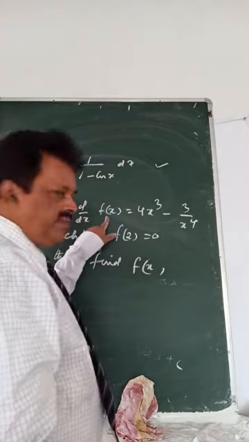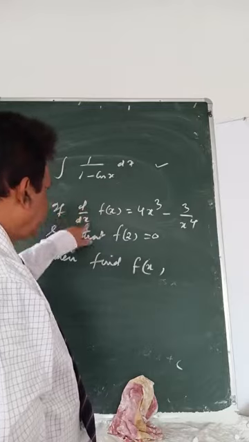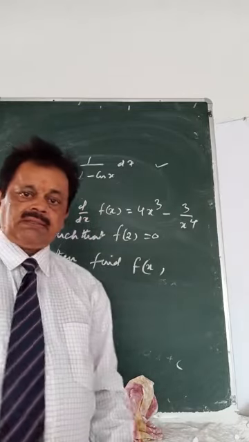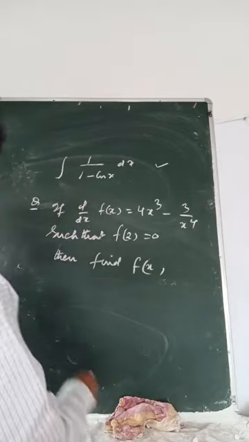So how to find f(x) from here? Now if you take the antiderivative of the derivative, then only you will find f(x). So that means we have to integrate both the sides.